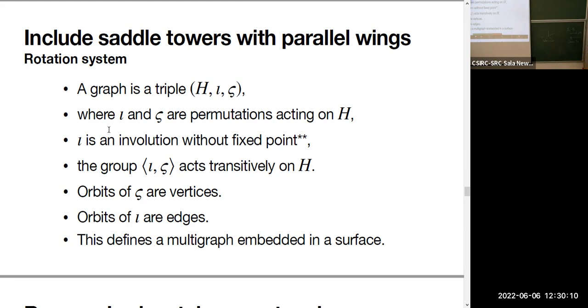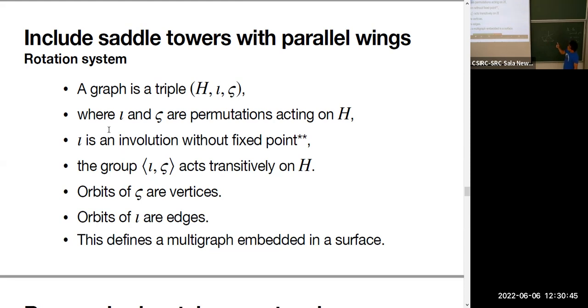And I have sigma, which is the map that maps a half edge to the next half edge adjacent to the same vertex by rotating clockwise. So then I have a set and 2 permutations of the set. And the condition is that iota and sigma are permutations, and iota should be an involution without fixed points, meaning each half edge must have an opposite one.